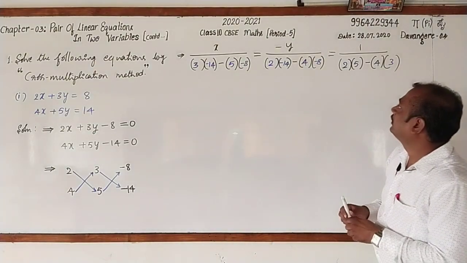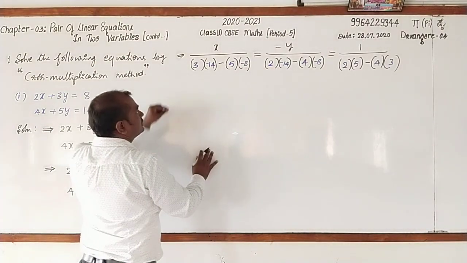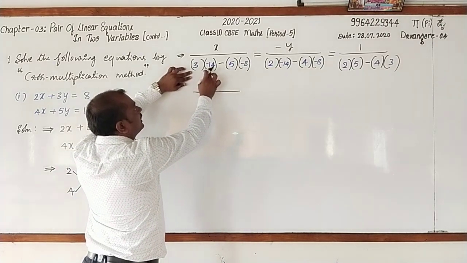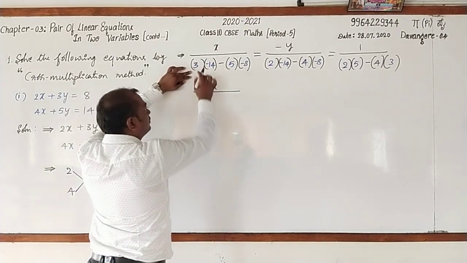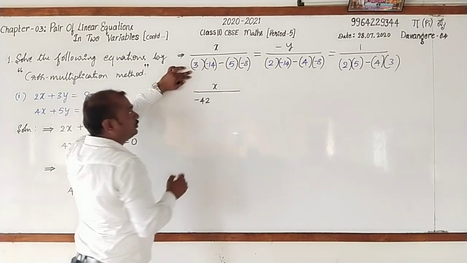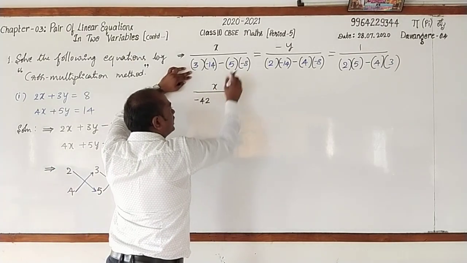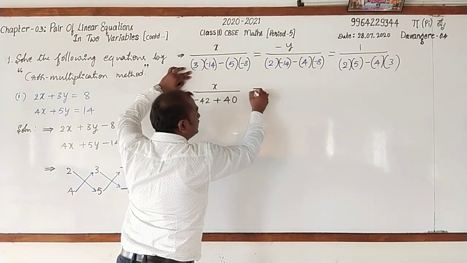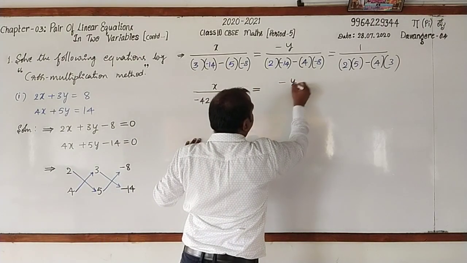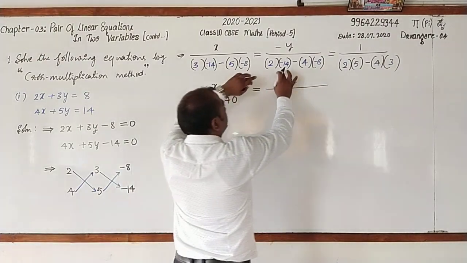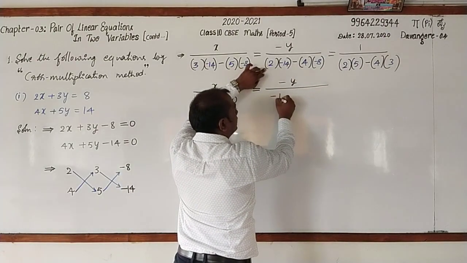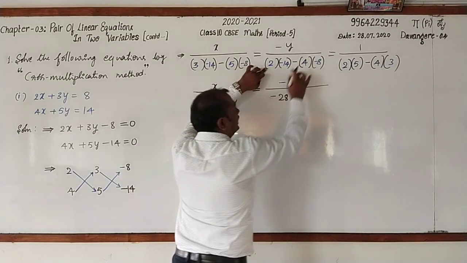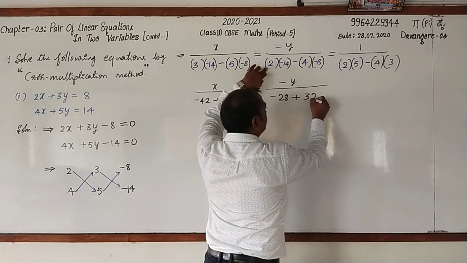Next, let us simplify this. x by, multiply: minus 14 threes are minus 42. Next, minus into minus plus, 8 fives are 40. Equal to minus y by: minus 14 into 2, minus 28; minus into minus plus, 8 fours are 32.